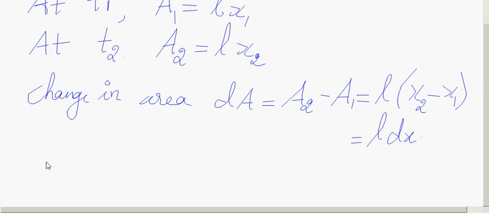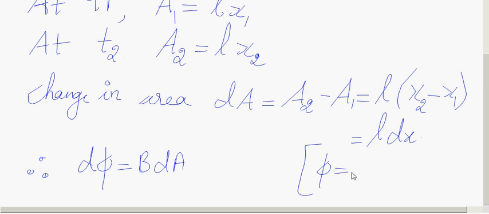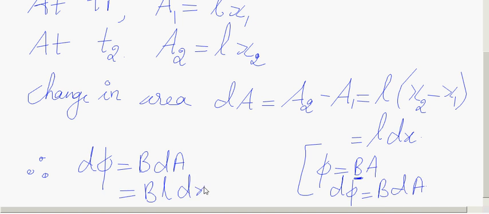Therefore the change in flux d phi is B into dA. Why? Because phi is B into A and B is constant because of the uniform magnetic field, therefore d phi is B into the change in area, which is equal to B into L into dx.